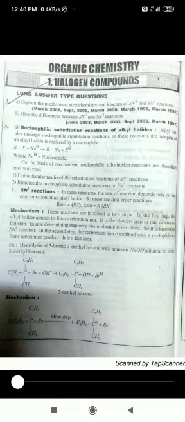Again, I am repeating the sentence. Alkyl halides undergo nucleophilic substitution reactions. In these reactions, the halogen of an alkyl halide is replaced by a nucleophile.